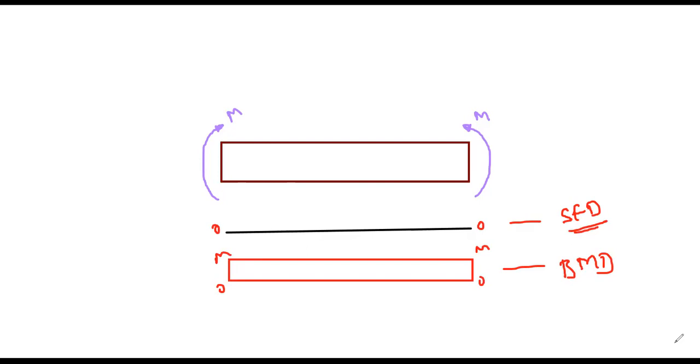Let's derive an equation for Euler-Bernoulli's beam theory. Before that, we'll look at some assumptions we have made before we derive the equation. The first assumption is that the material of the beam is homogeneous and isotropic.